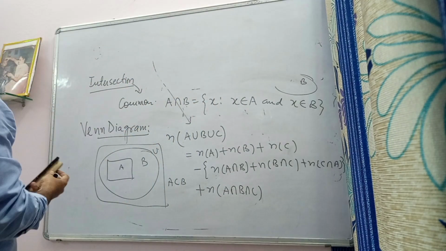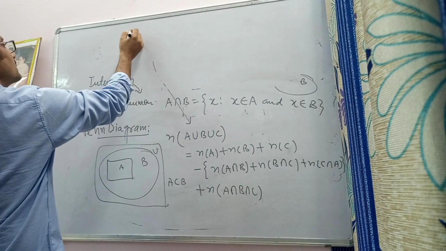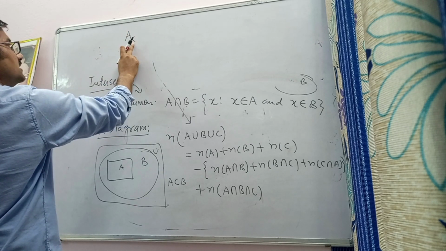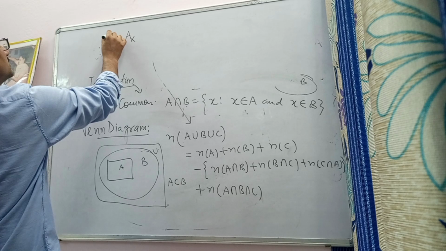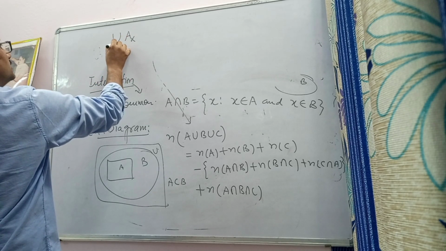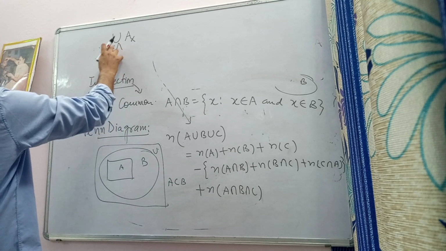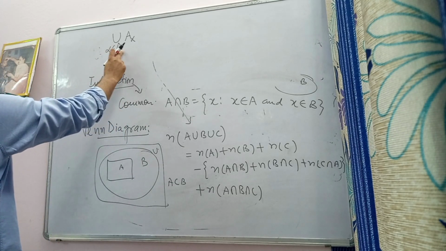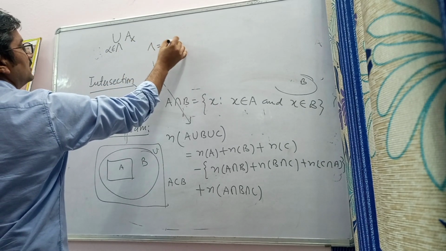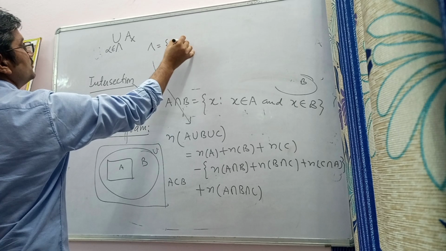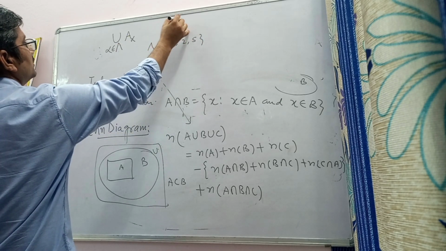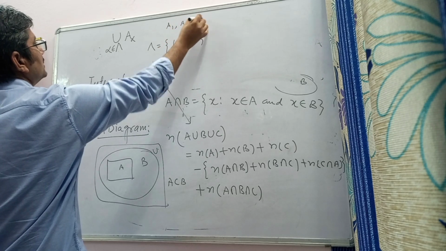Suppose you have more than three sets. Say you have A alpha, where alpha is an index which lies in an index set. This is the set of indices. You pick alpha from this set. Say this set is 1, 2, 5, it means you have A1, A2, A5, three sets.